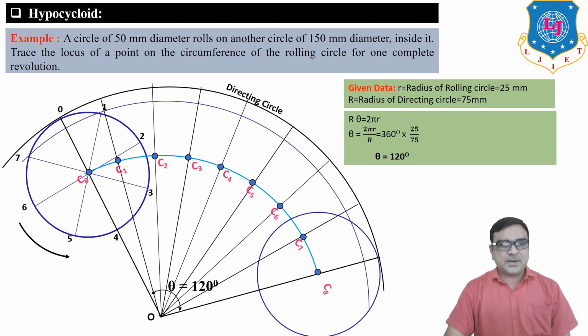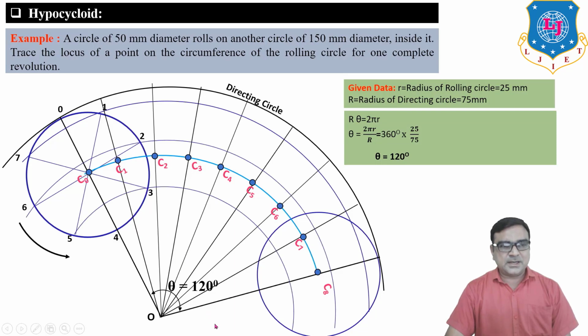And draw arcs by taking O as center and O1 radius, O2 radius, O3 radius, and O4 radius. Now to obtain the points of the curve, we take C1 center, 25 mm radius, and draw an arc on the arc which is passing from 1.